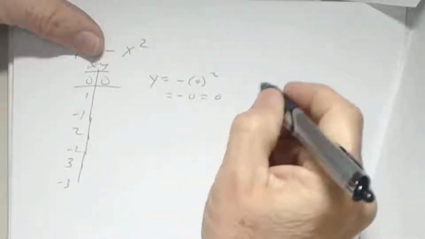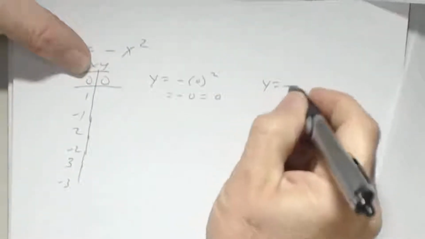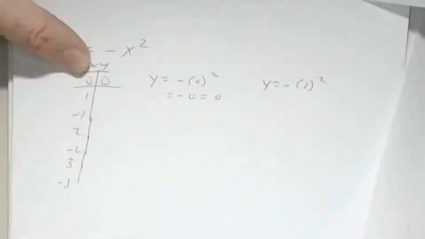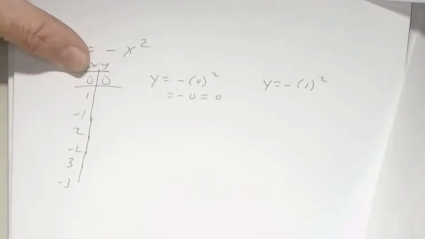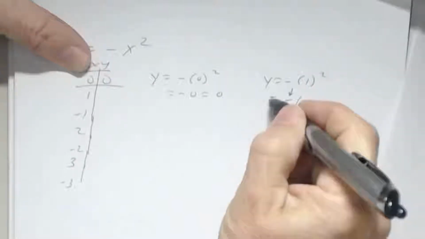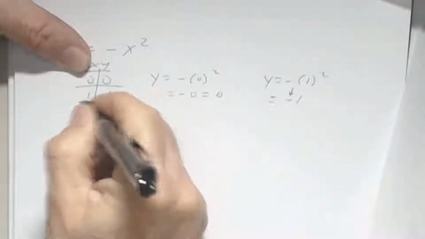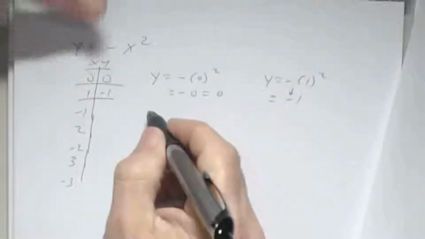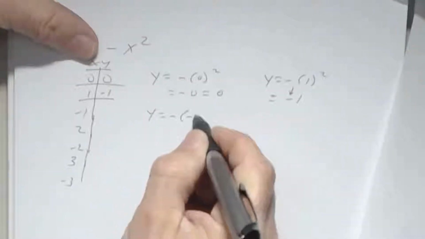When x is 1, I get y equals the opposite of 1 squared. 1's the only thing being squared, so what's 1 squared? 1. So this becomes a negative 1. Okay? So I plot the point 1, negative 1, which is here. When x is negative 1, I get y equals the opposite of negative 1 squared.